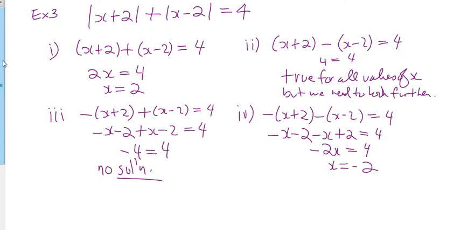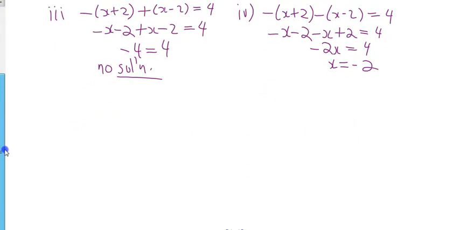But this one says, hey, it's true for any value of x, right? But we have to figure out which values of x. So what we're going to do is examine x plus 2 in the sense of the number line and say there's a critical point at negative 2 and say that all values above negative 2 will be positive.